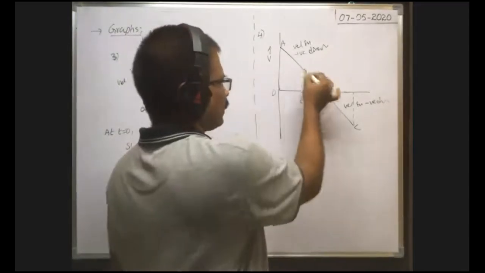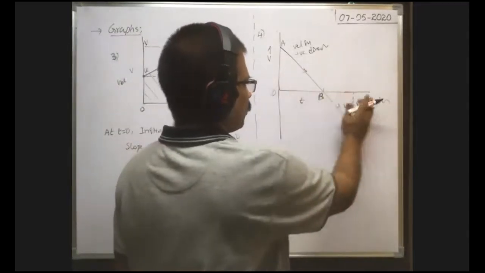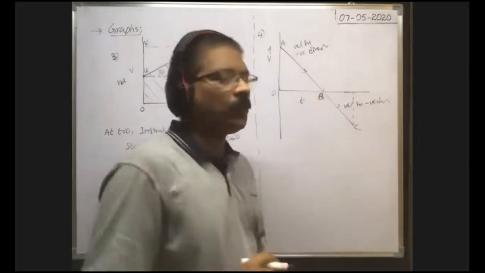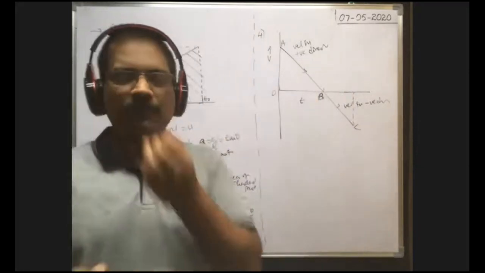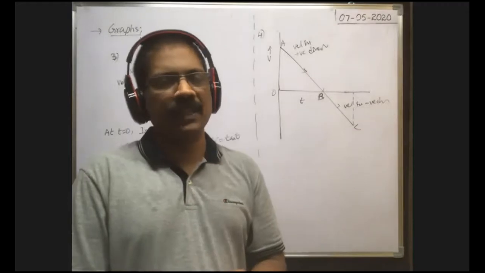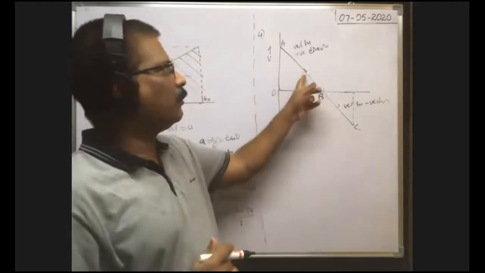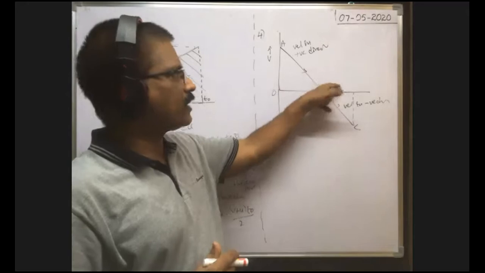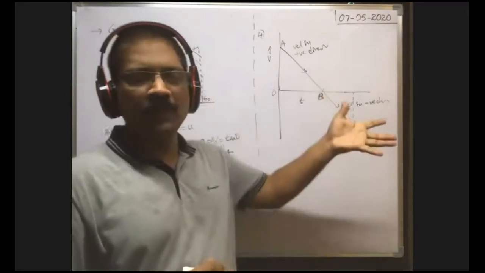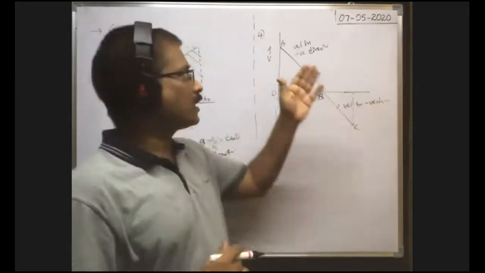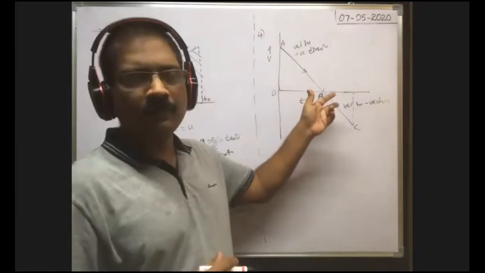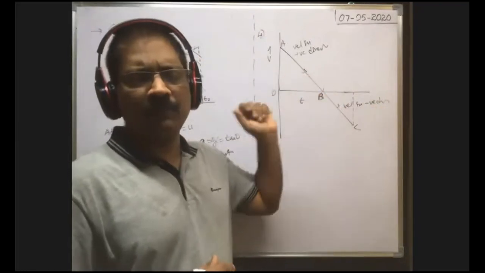Here this is A, this is B, this is C, say. Here the graph is in this direction because time is in this direction. From A to B, the slope of the graph is negative, no? Because the angle made by the straight line with the positive x-axis is greater than 90 degrees. Slope negative means, what is the slope of a VT graph?